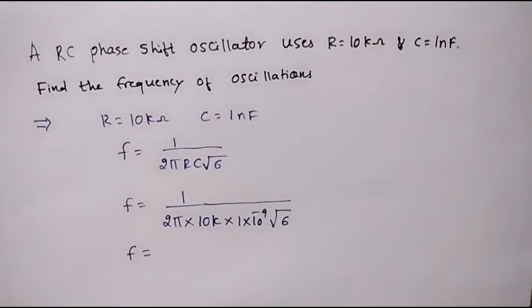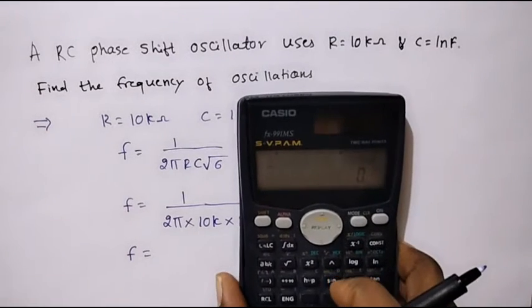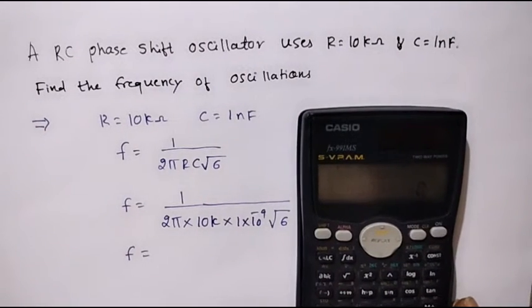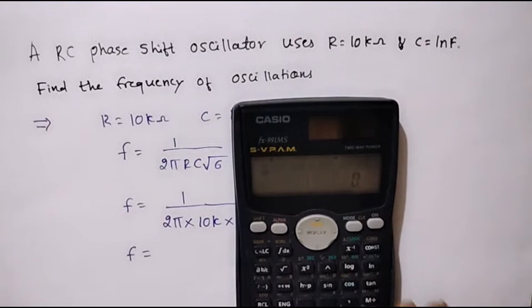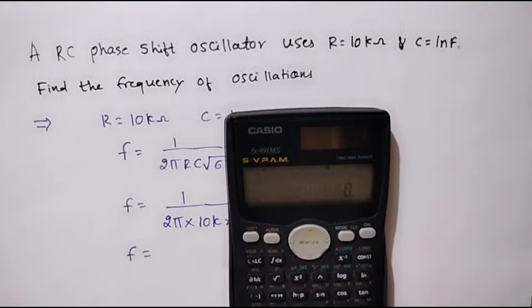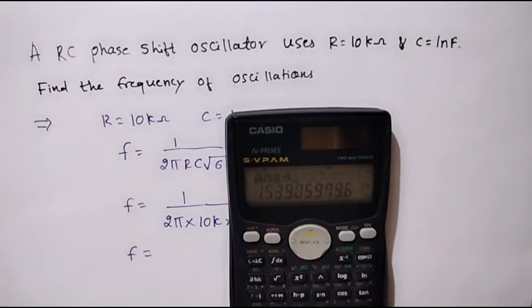Simplifying this, 2 pi into 10K into 1 nanofarad into root 6. This is the value of the denominator. I'll take the inverse of this.